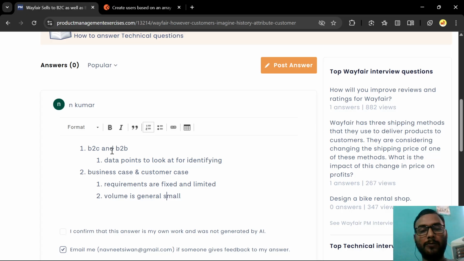Now this volume could mean multiple things in different scenarios. Like in a physical product, let's say I'm selling a pen. If I'm selling to a customer, they would require at most one pen, 5, 10, 20. That would be a maximum. But if I'm selling to a business, they may require 1,000 or 2,000. So that categorizes the volume aspect.